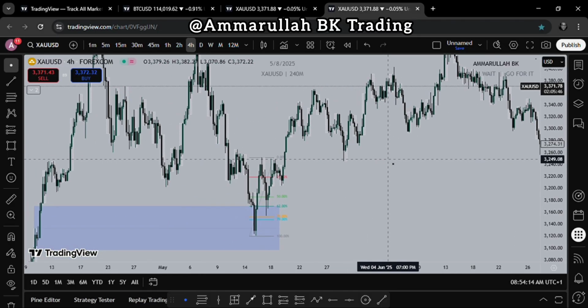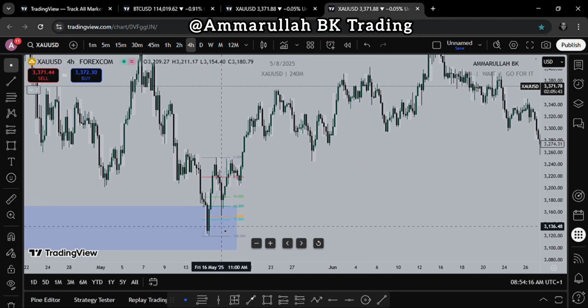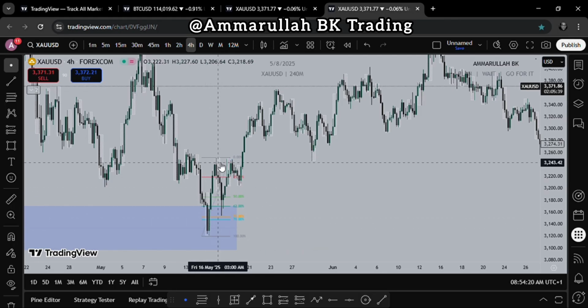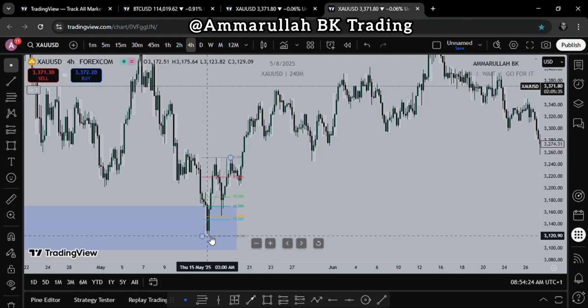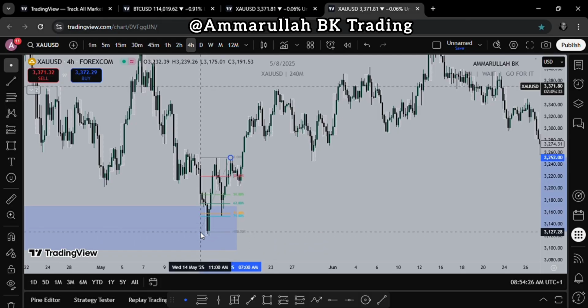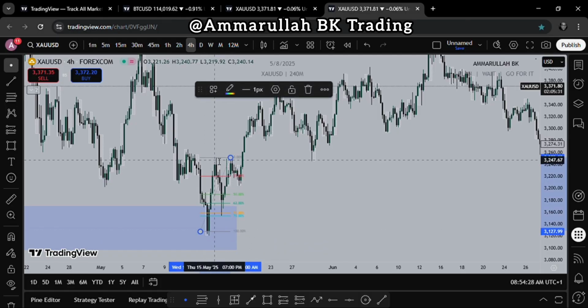So you use your Fibonacci retracement tool to measure the equilibrium, the midpoint of a particular price level, right? From this low now to this high, the midpoint of them is this 50%, this particular level.